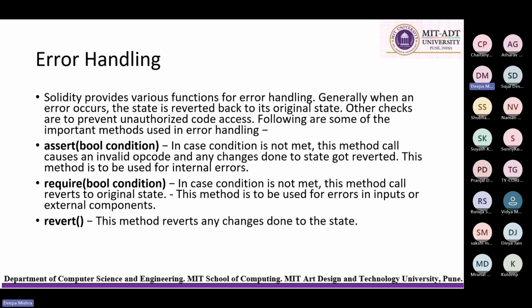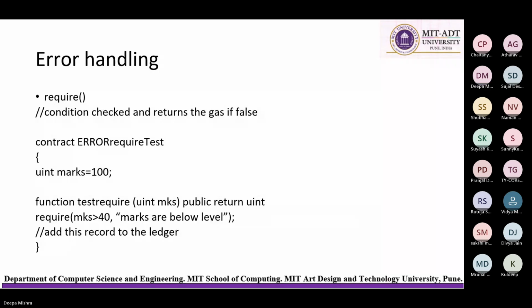Next, we are going to look at simple code examples of how to use these methods in our code. Let's first look at the require method. What does require do? It checks the condition and returns the gas fees if the condition is false.